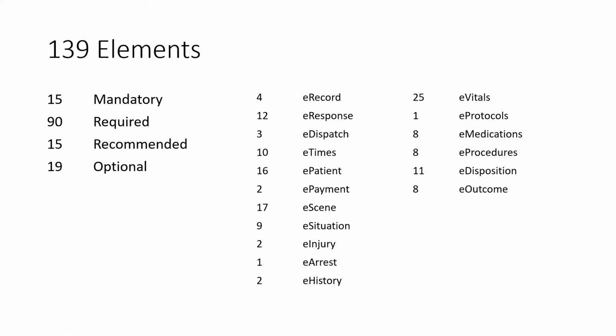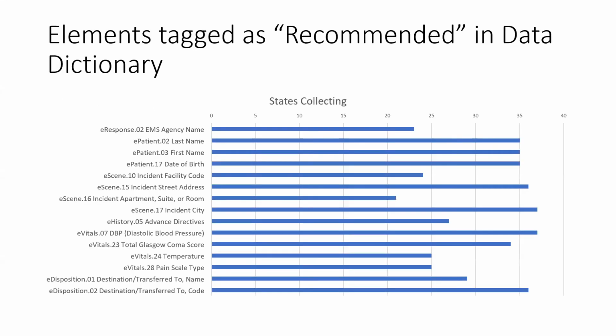Want to just give you a heads up on the ones that are tagged as recommended or optional in the NEMSIS data dictionary. This is the list of data elements that are tagged as recommended in the data dictionary that ET3 will be collecting. You'll see these patient-related elements that have to do with patient demographics.